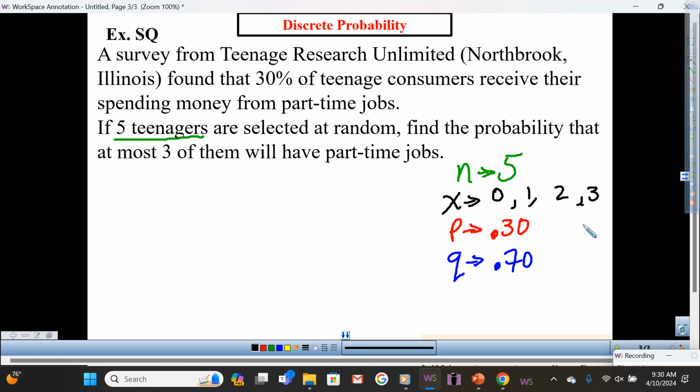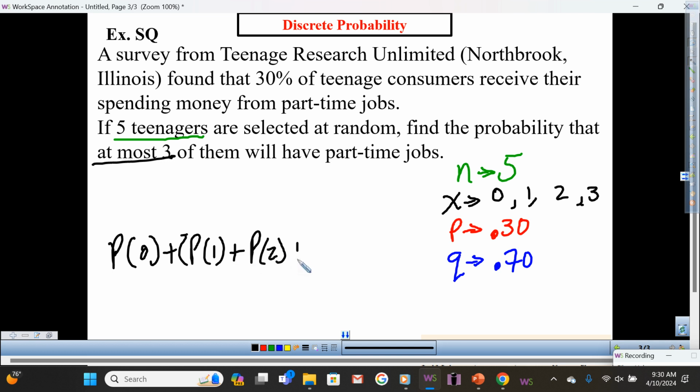Because there should be a probability of 0 teenagers working part-time. We good? So we're not going to do this one, but do you know what to do from here? What do we do? P of 0 plus P of 1 plus P of 2, and at the end, P of 3, which means you needed to find all of these. Yeah? All right, from 1 to 5, I'll come to you with that.